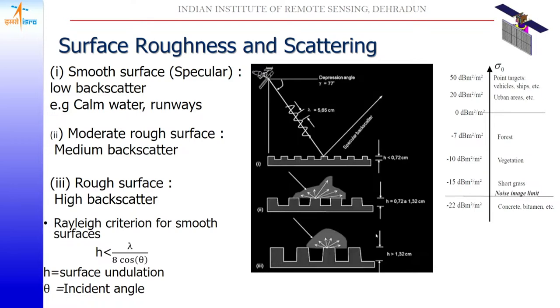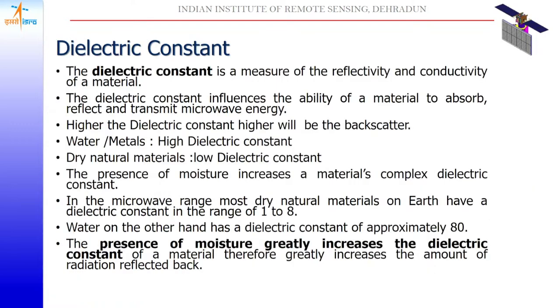Any smooth surface like ground or a water body will give very dark returns, because it appears as a smooth surface and specular reflection will happen. But if a surface is very rough, we get higher backscatter.